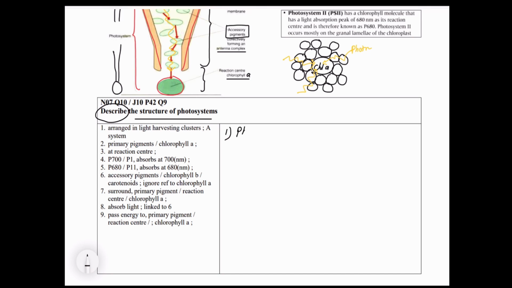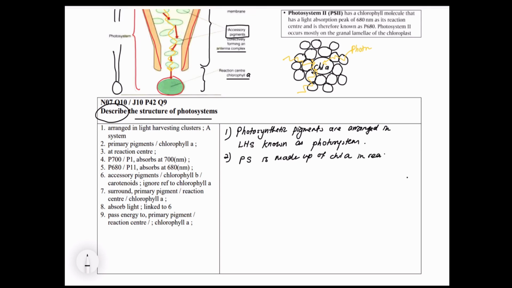Number one, we will say that the photosynthetic pigments are arranged in a light harvesting cluster or light harvesting system, and this is known as a photosystem. A photosystem, PS in short, is made up of chlorophyll A, also known as the primary pigment, in the reaction center, surrounded by accessory pigments known as chlorophyll B and carotenoids. We just need to quote some examples.